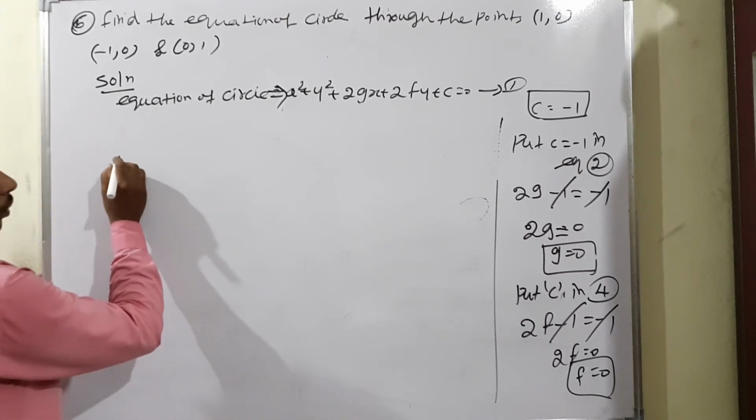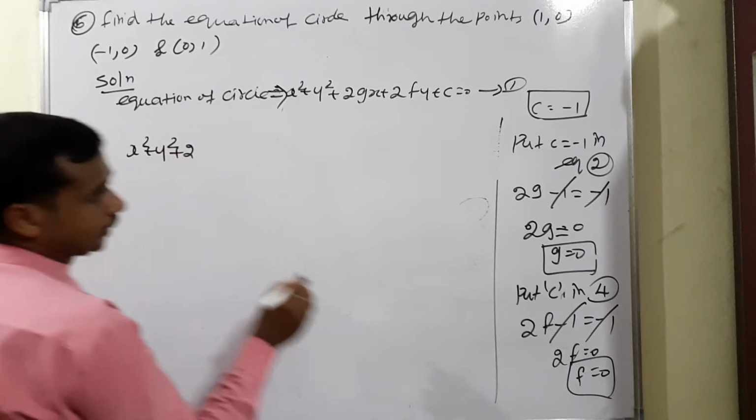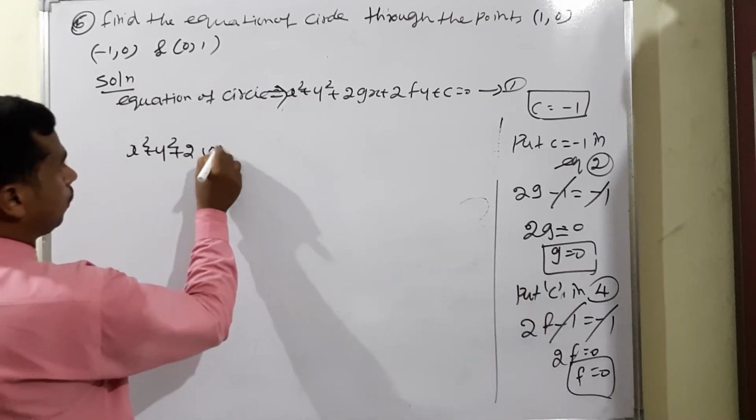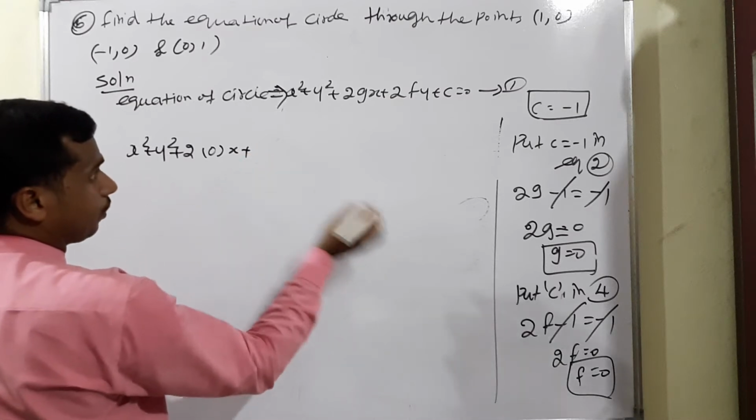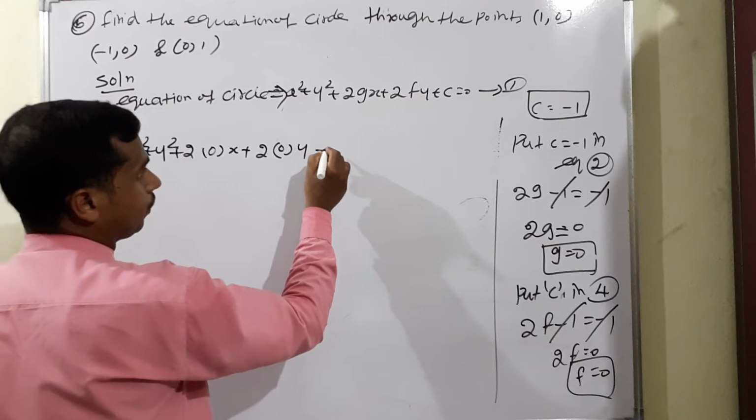So, x square plus y square plus 2 into 0 into x, then f also value will be 0, so we can write 2 into 0 into y, then c is equal to minus 1, is equal to 0.